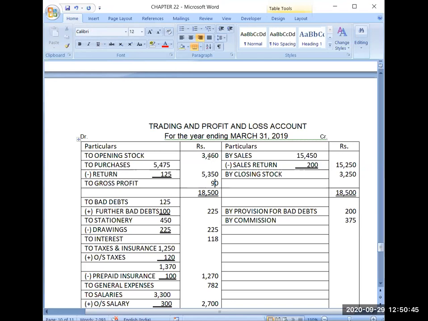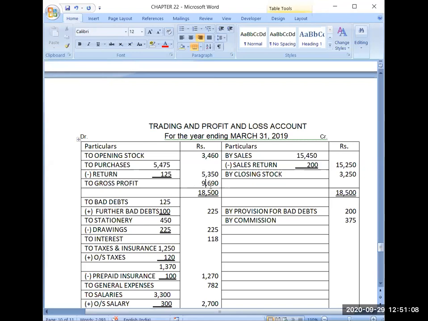Then 2, 4, 6 plus 3, 9 plus 6, 15. Then 5 and then 1 carry on will be there. 4 plus 5, 9, and here it will be 9. So you can see your gross profit is 9,690.